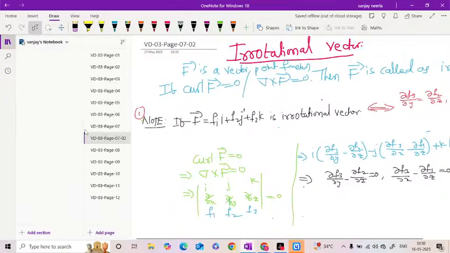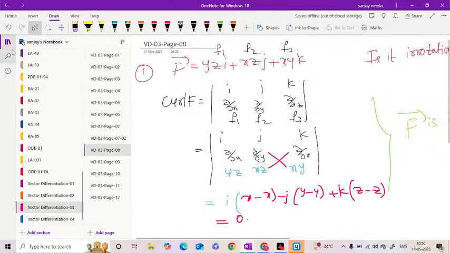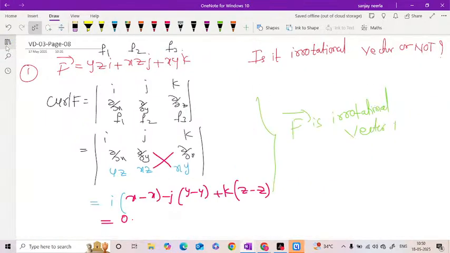Okay, now some problems. The given vector is an irrotational vector because the curl of this f must be 0, because we will get i into x minus x, j into y minus y, and k into z minus z.